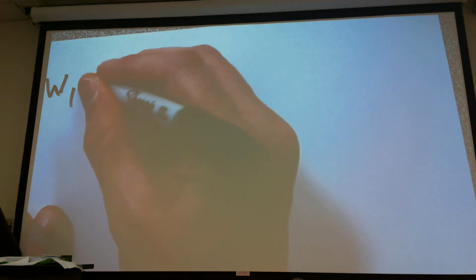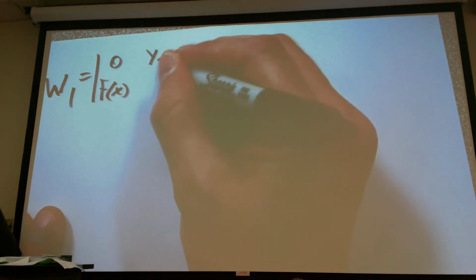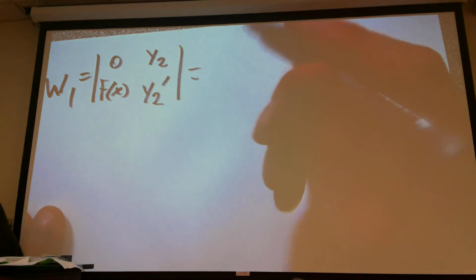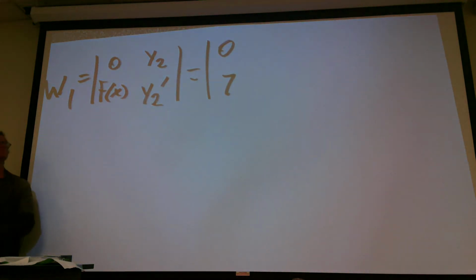All right. Now W1, remember that this is 0, and then f of x, which is the right-hand side, and y2, and y2 prime. So this is going to be 0 and 7. That's what's on the right-hand side of the problem.